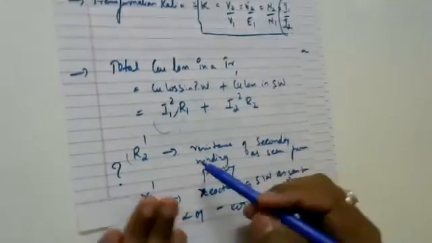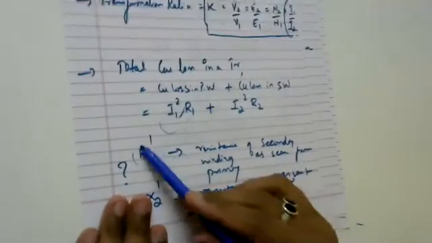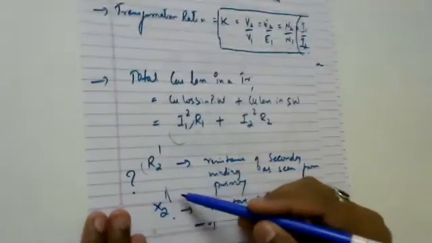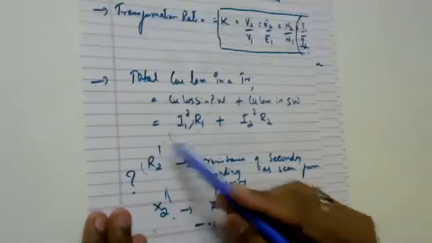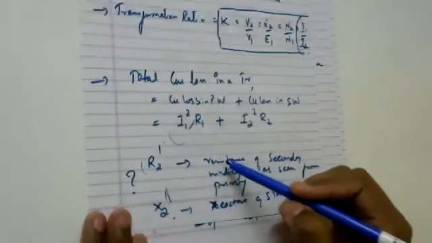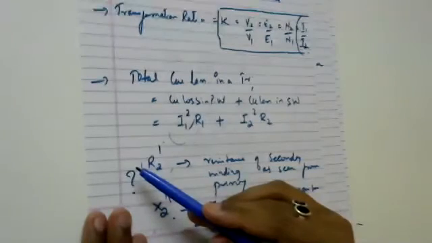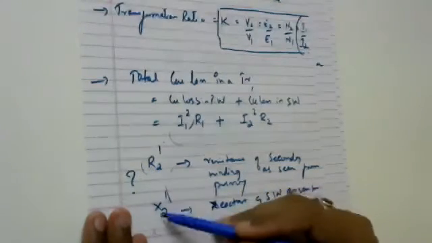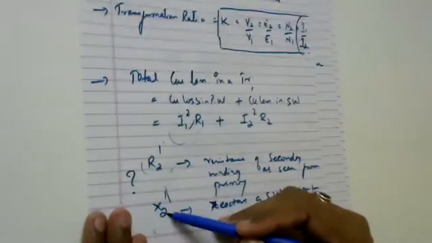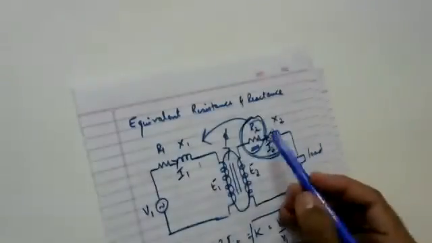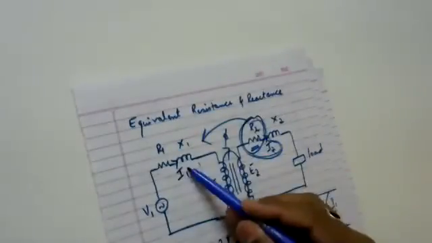Next you define two parameters, R2 dash and X2 dash, which are virtual components, wherein R2 dash stands for the effective resistance of secondary winding as seen on primary. X2 dash is the effective reactance of secondary winding as seen on primary. So we would like to transfer the secondary parameters to primary.